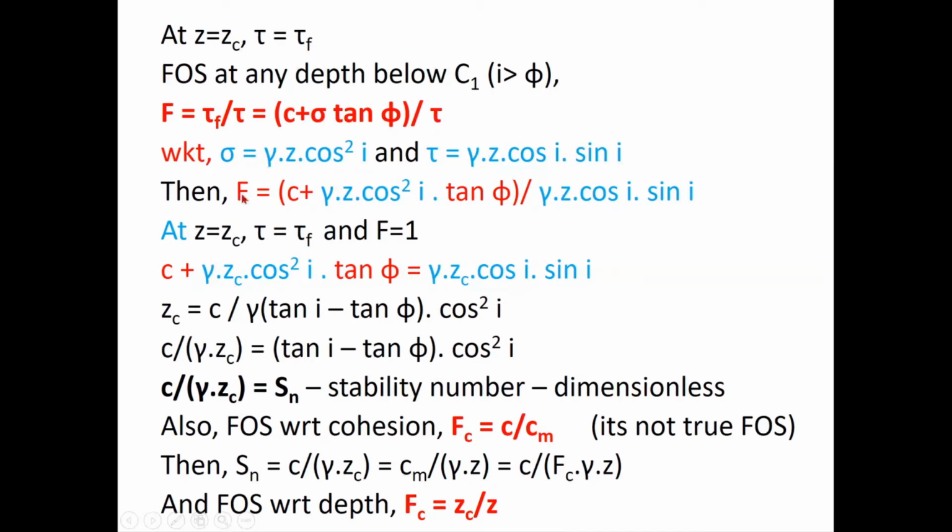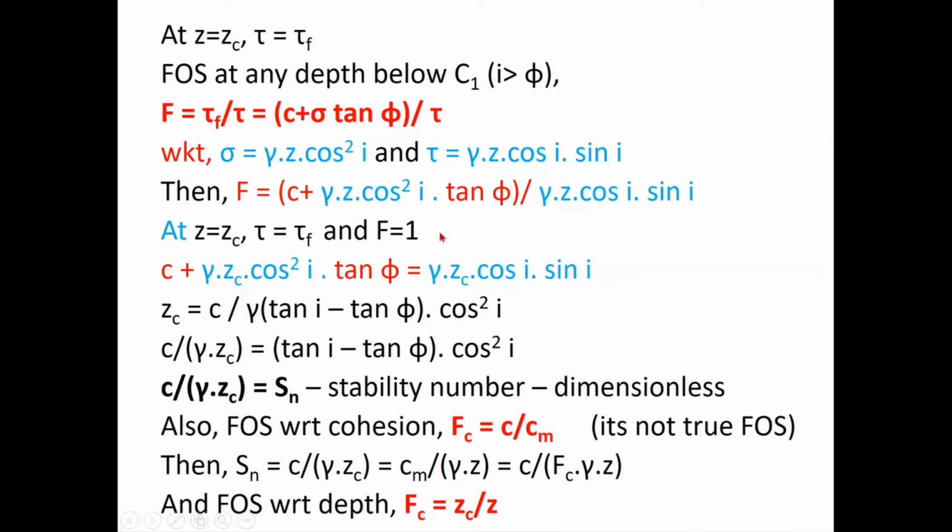All right. So my factor of safety F is equal to c plus sigma, that is gamma z cos square i, into tan phi, divided by tau. I want you to derive this with me. Take this down, divided by tau, and tau is equal to gamma z cos i sin i, right? I know this. Correct? And at that critical depth, z is equal to zc and tau is equal to tau f.